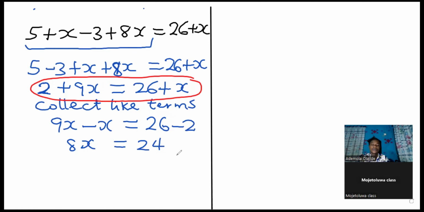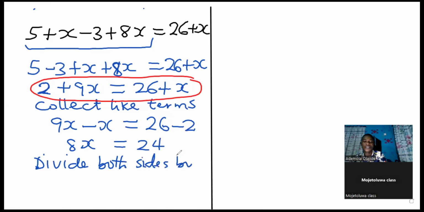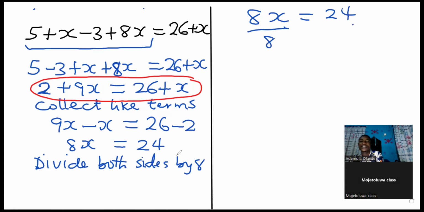We are going to divide both sides by 8. Where you have 8x equals to 24, divide both sides by 8 means divide this side by 8 and divide the right side by 8 too.